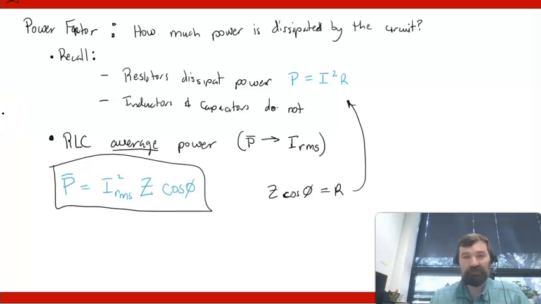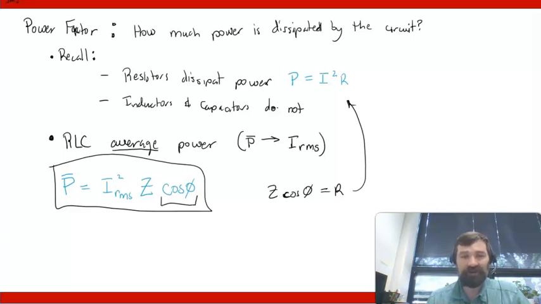Alright, so last little point before we move on to our example. I started this by saying we're talking about power factor. I ended this slide so far by talking about average power dissipated. So where does the power factor actually come into play in all this? Why am I not just talking about power?